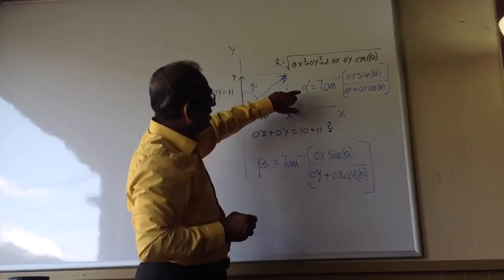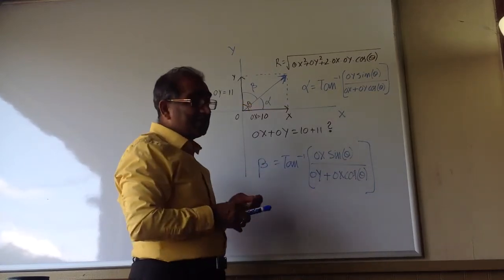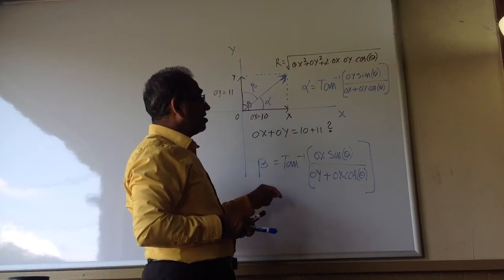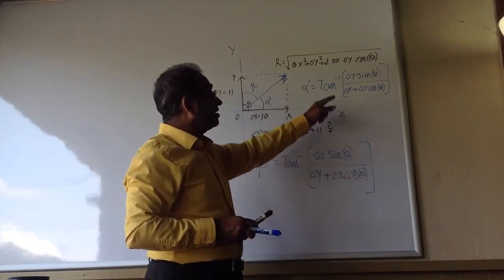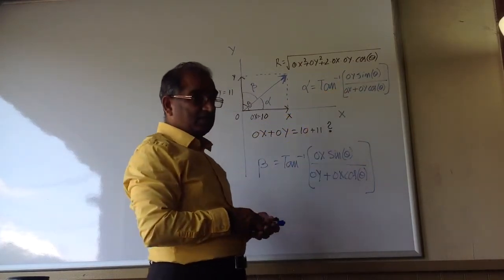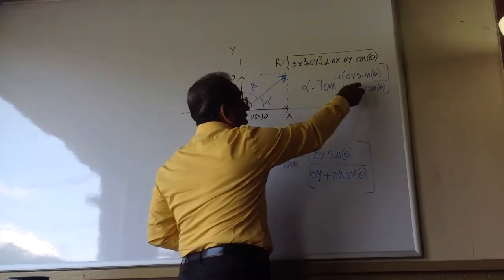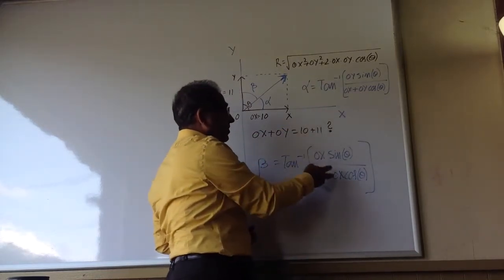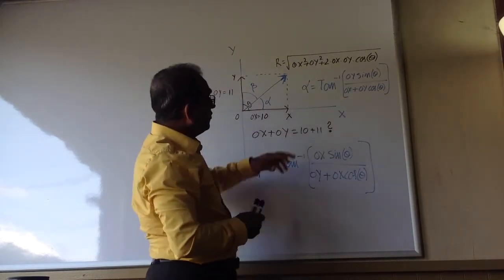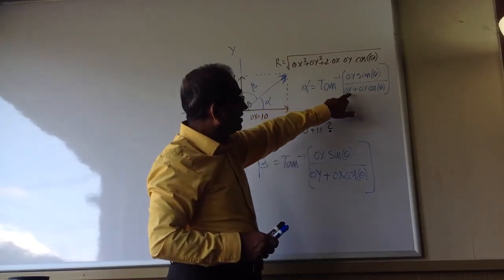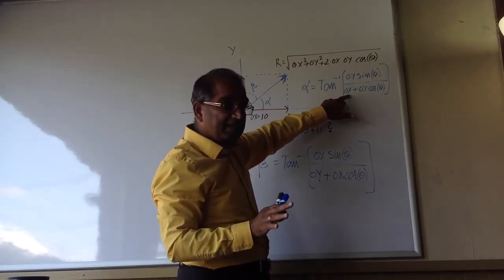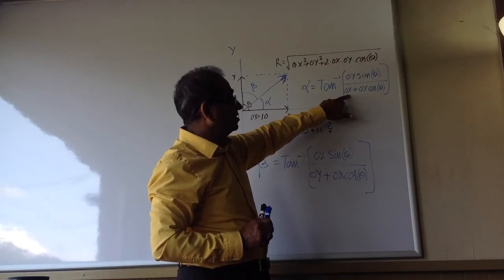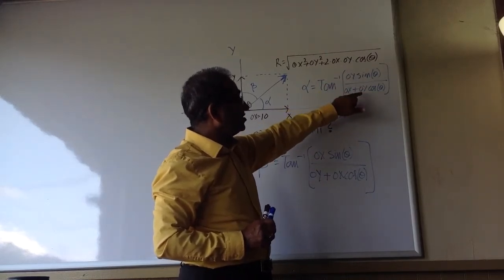You can see in this equation and in this equation, it's very easy to memorize because sine theta, cosine theta are in the same places. The only thing is that OY and OX have switched places. So if you are finding alpha with respect to OX, then OX doesn't have any sine or cosine attached, whereas the opposite one is attached.